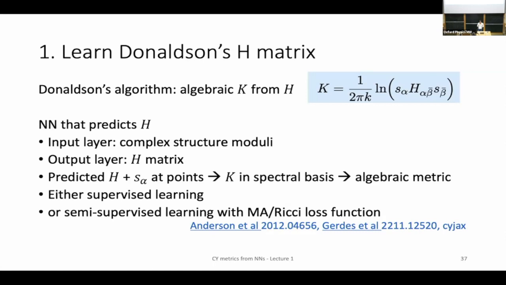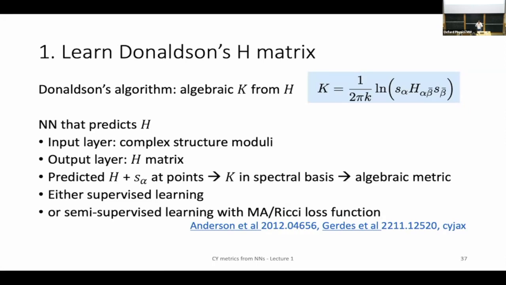So it's interesting to see that there are situations where you can apply completely standard supervised learning in the problem of machine learning Calabi-Yau metrics. Of course, if you do that, then you have all the cost of computing H with the Donaldson algorithm when you're training your network, so you don't gain a lot, but it's good in principle to see that it can be done.